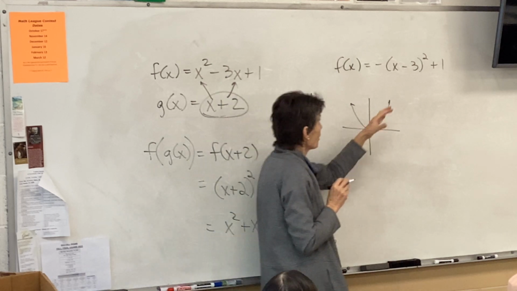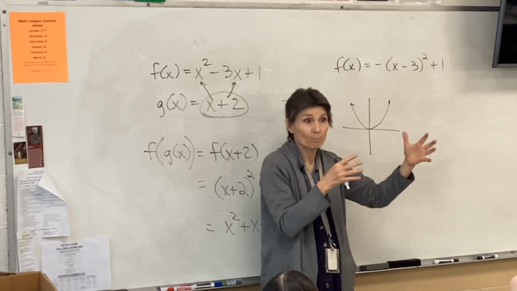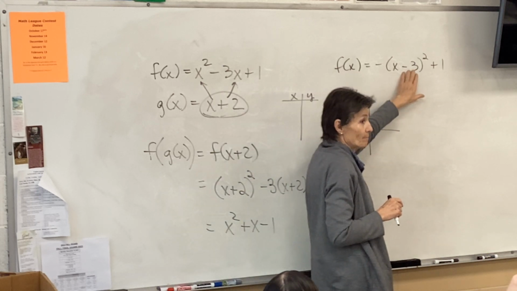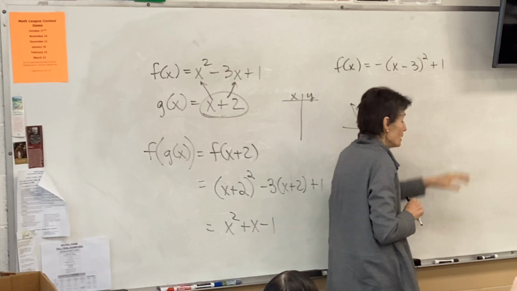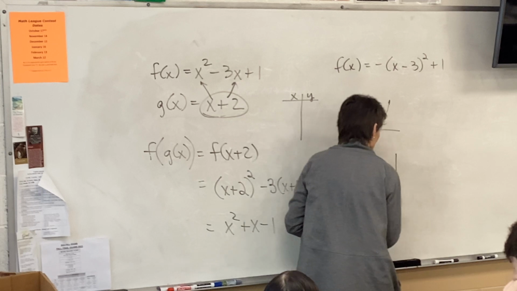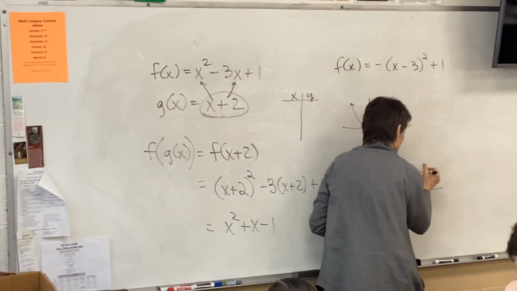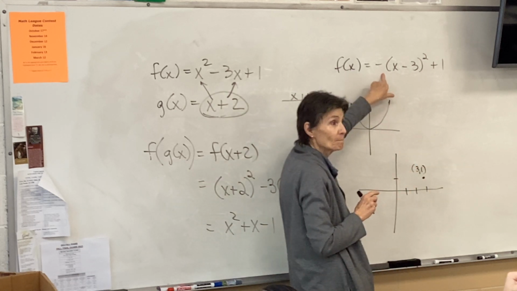Now, when you start adding and subtracting, you're moving your parabola around. So what does this do to it? Right 3 and up 1. So this parabola has gone right 3 and up 1. Now, what else has happened to it?